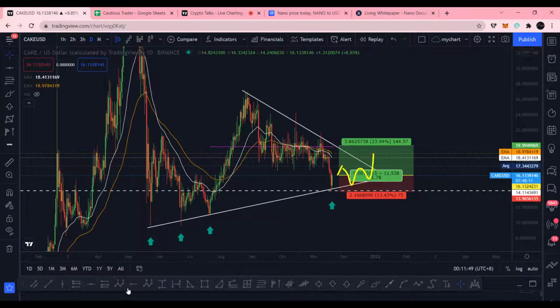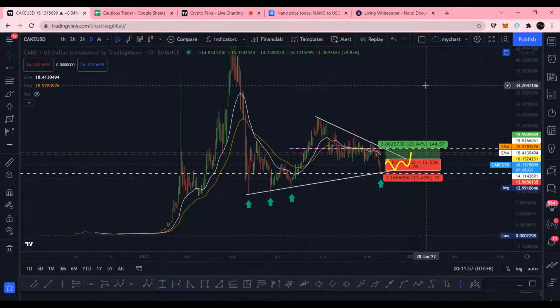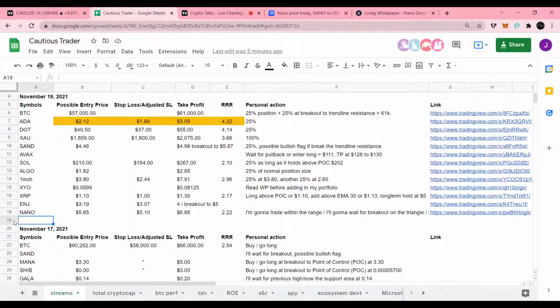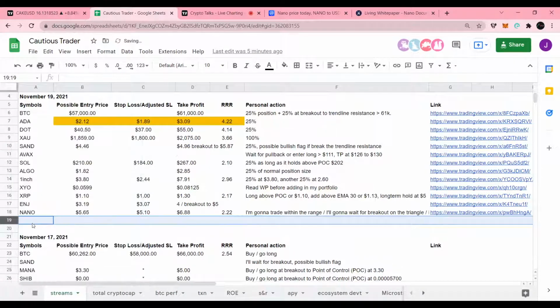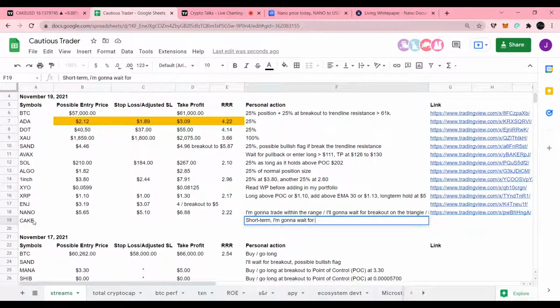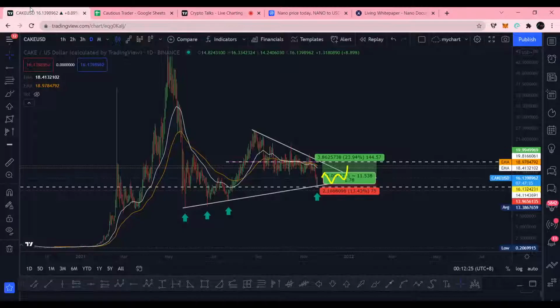Though, yeah, of course, it depends on your plan. Long term, possibly, but for short term trades, I'm gonna wait for a breakout, more or less.